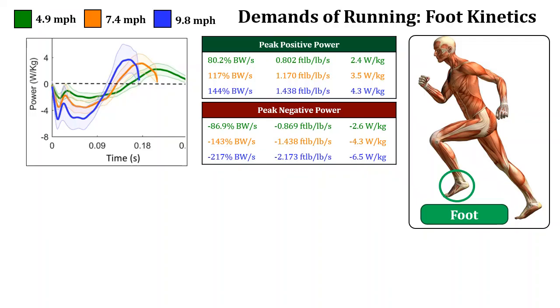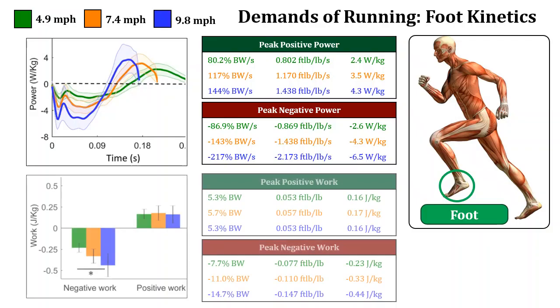But as you get faster and faster, there's a greater amount of negative work that is produced in relationship to the concentric power. And so it speaks again to the importance of shock absorption and then to the restoring capacity of the foot as the individual gradually increases their speed of gait.